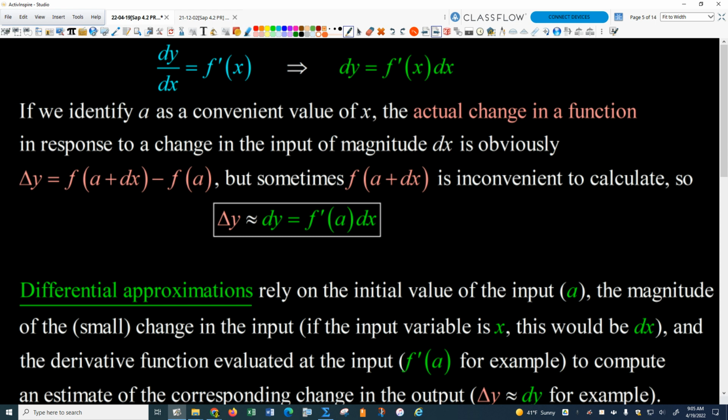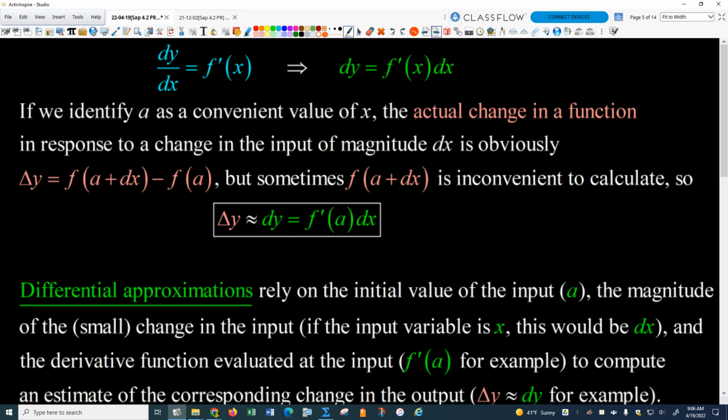Okay, so by making this little notational change to differentials, to write it in differential notation, if we identify a as some convenient value of x, the actual change in the function is going to be delta y.